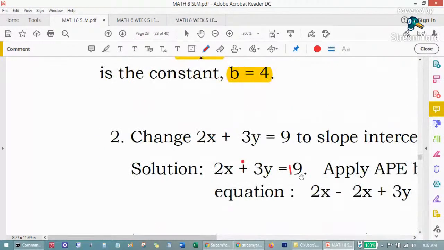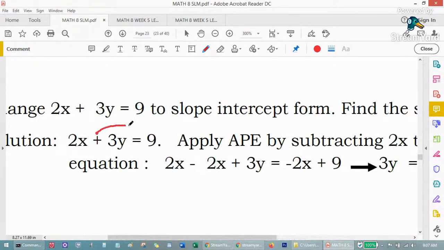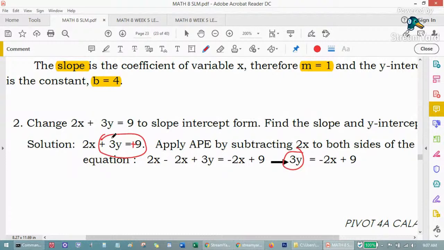So, kinopya natin yung 3y and then positive 9. Then, inusod ng konti si positive 9. Then, positive 2x, positive siya dito. Pag walang sign is positive, okay?